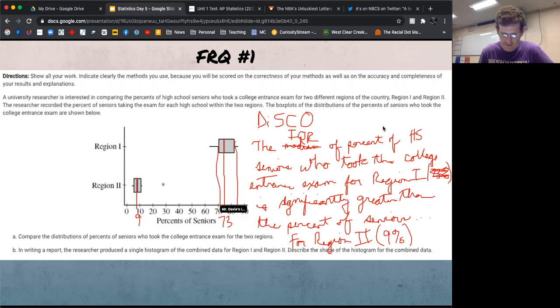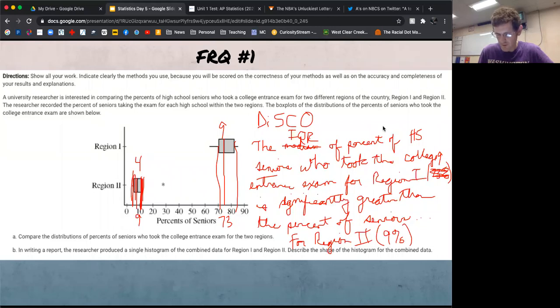Let's say it's about 9. Okay, just quick guessing. So 9 is significantly greater than the percent of seniors who did the same for Region 2. And this one, I'd guess, is maybe about 4. If you take this upper quartile and subtract the lower quartile, it seems like the difference is about 4.